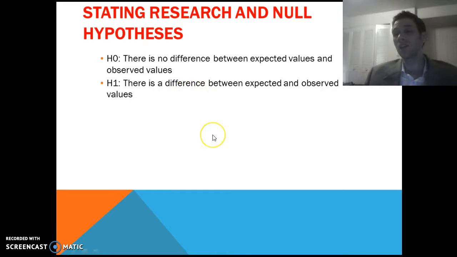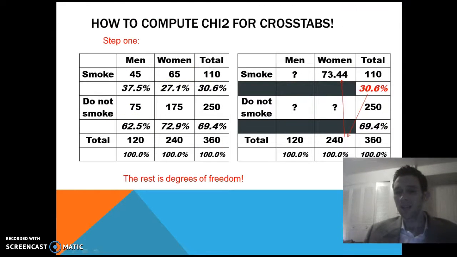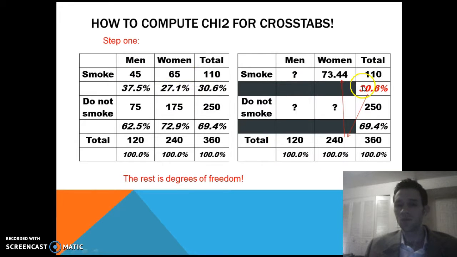And each research hypothesis is that there is a difference. So what we're really testing is whether we have this independent variable and it's pretty much just the same as the category of the dependent variable.